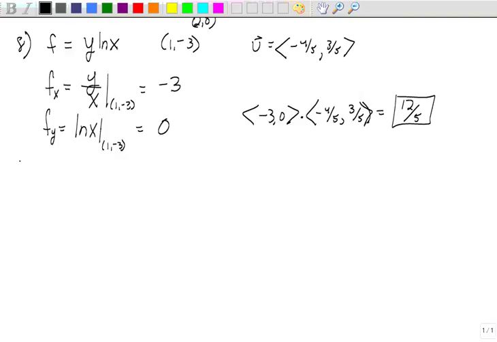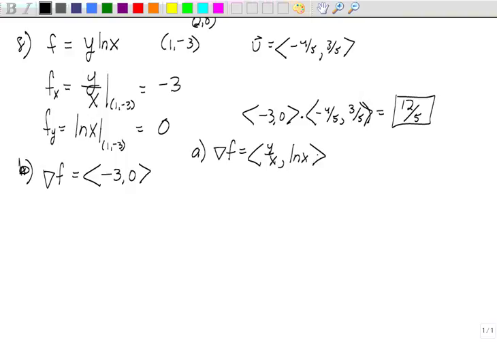Okay, so the gradient is f_x, f_y, which is negative 3, 0 at the point. Oh, that's part B. A is y over x, ln x. Sorry about that. Then I plug the point in and get part B, and this is part C. This is the directional derivative at P0 at the point. Okay, jumping ahead of myself.